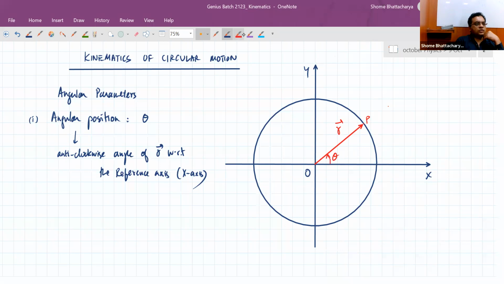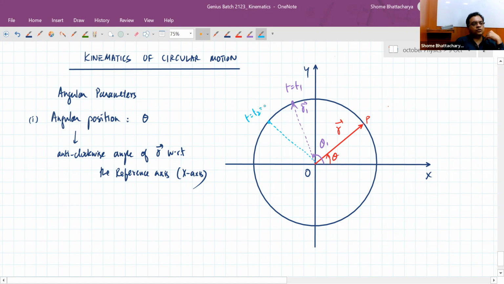So now suppose the particle was somewhere here at time t1. So this was its instantaneous position at this time, let's say r1. So the instantaneous angular position was θ1, and now let's say after some time delta t, it has gone here.